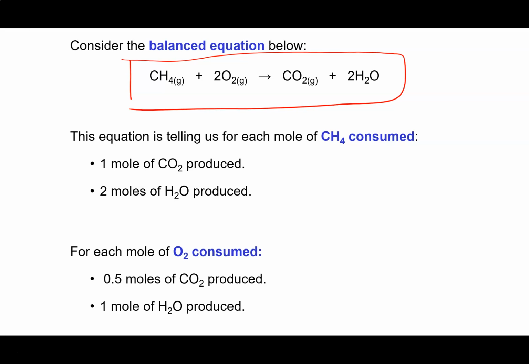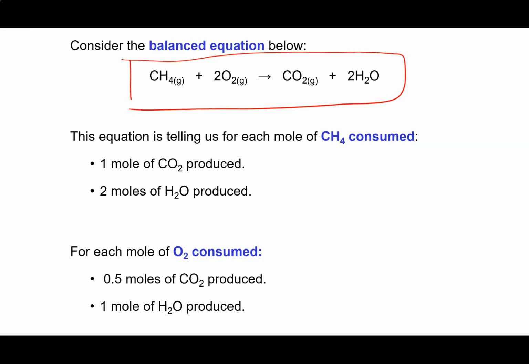Looking at this balanced equation for the combustion of methane, I'm being told that 1 mole of methane is consumed for every 2 moles of oxygen. I'm also being told that for every 1 mole of methane consumed, 1 mole of carbon dioxide will be generated and 2 moles of water will also be created.